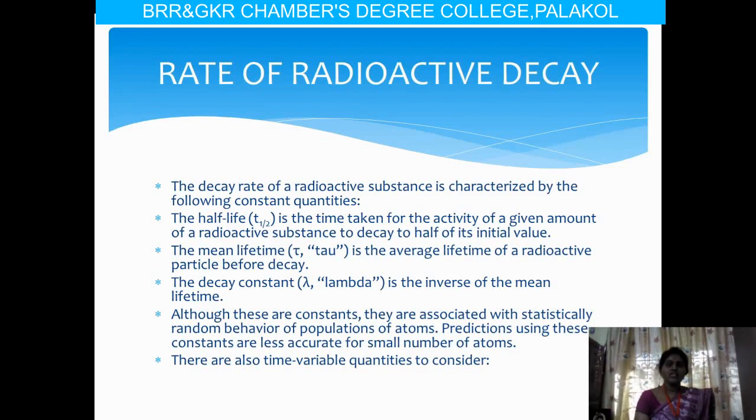The next one is the decay constant, which we indicate as lambda. It is the inverse of the mean lifetime. Although these are constants, they are associated with the statistically random behavior of the population of atoms.